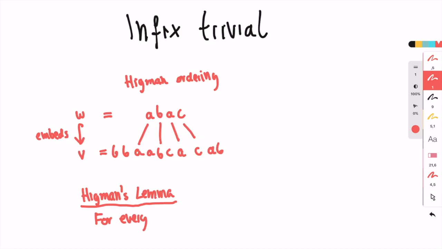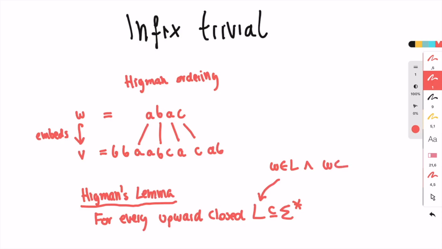For every upward closed set, and upward closed means that if a word is in L and there's a bigger word, then the bigger word is in L as well. Actually, the upward closed set is generated by a finite subset.